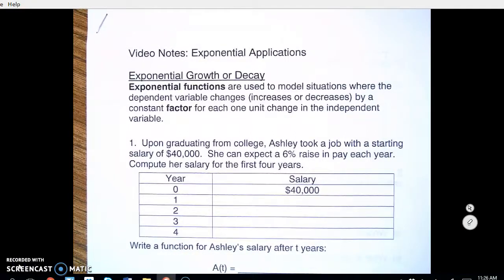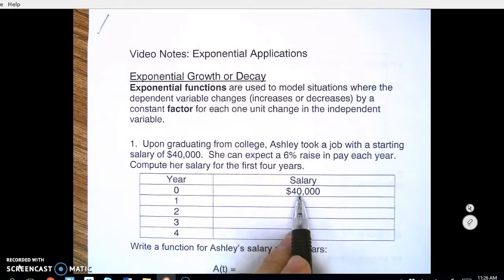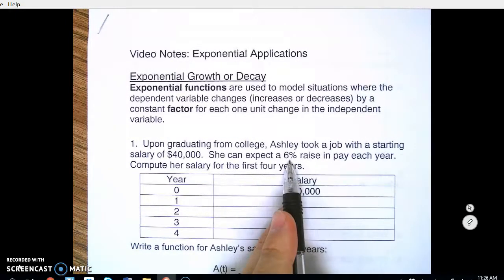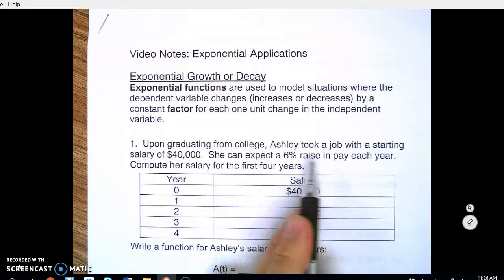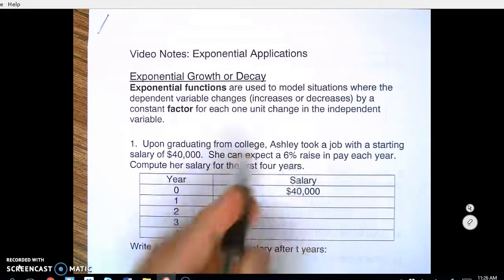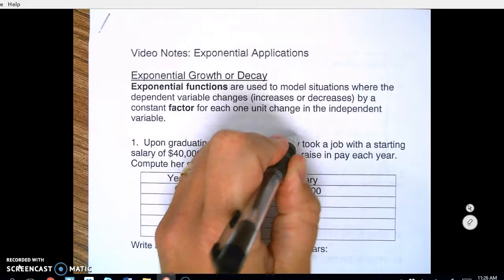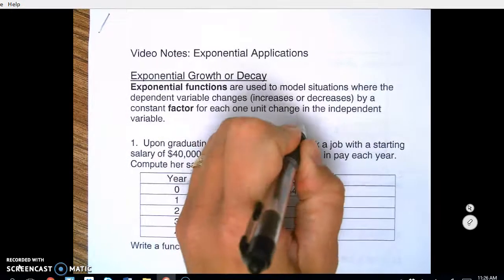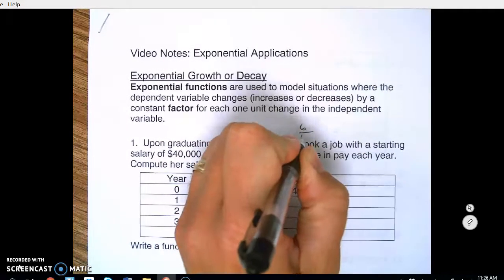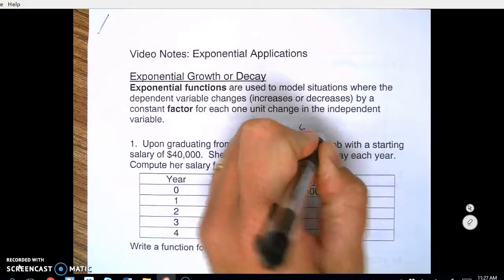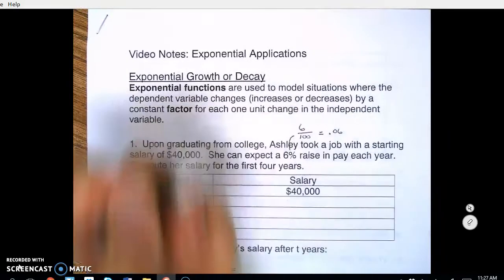Okay, so doing this by hand, we would take 40,000 times the percent raise. Make sure you change your percent to a decimal. So first thing you want to do here is change 6% to a decimal, which would be to divide by 100. So our decimal would be 0.06.